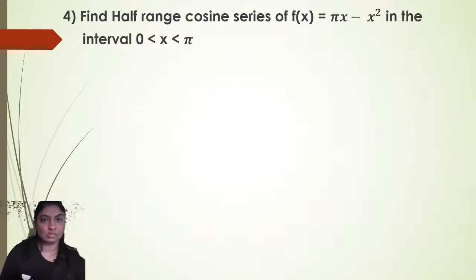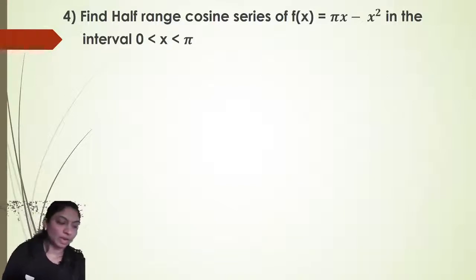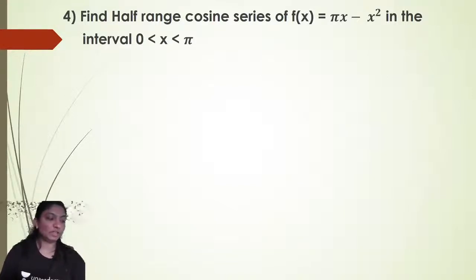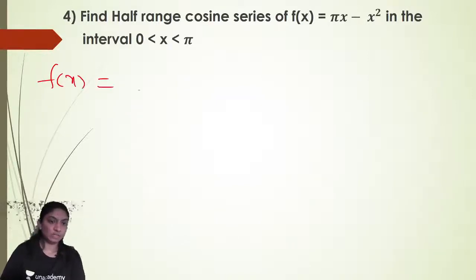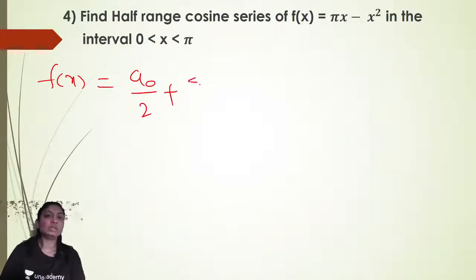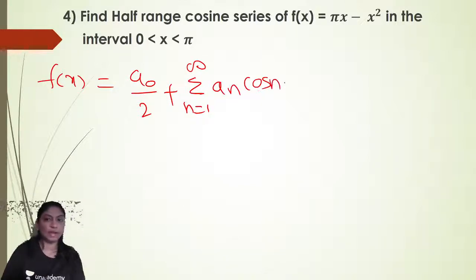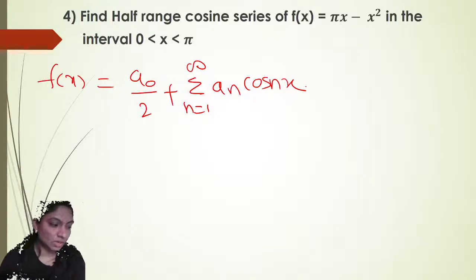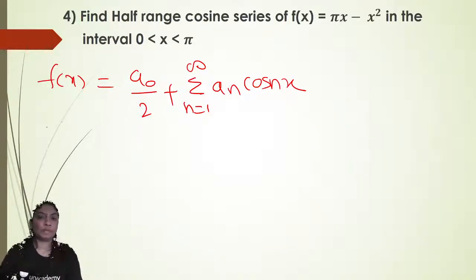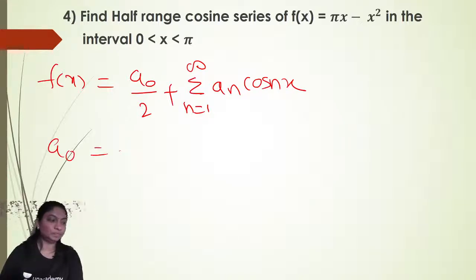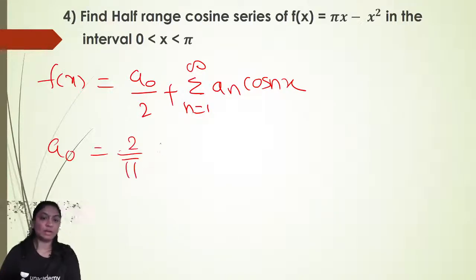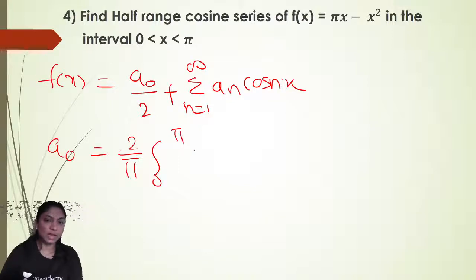The Fourier cosine series in the interval 0 to pi is f of x is equal to a0 by 2 plus summation n varying from 1 to infinity a n cos nx, where a0 is equal to 2 by pi integral from 0 to pi f of x dx.